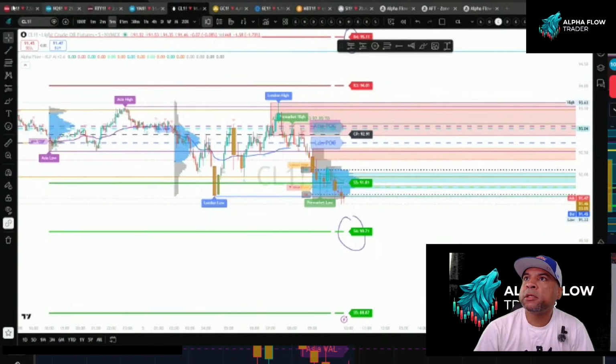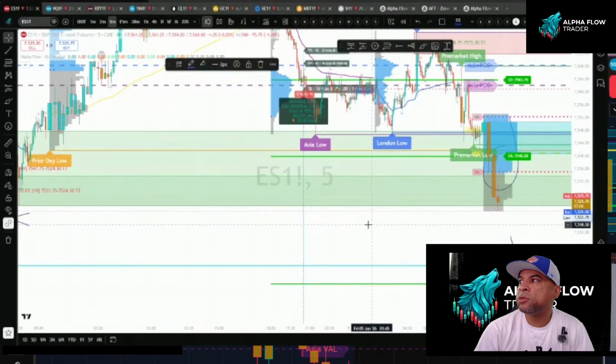All right, oil's at S3, ES still drifted lower.